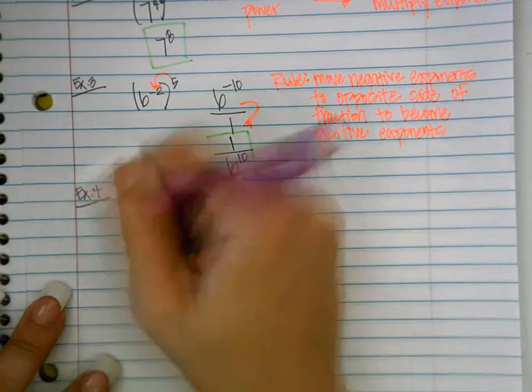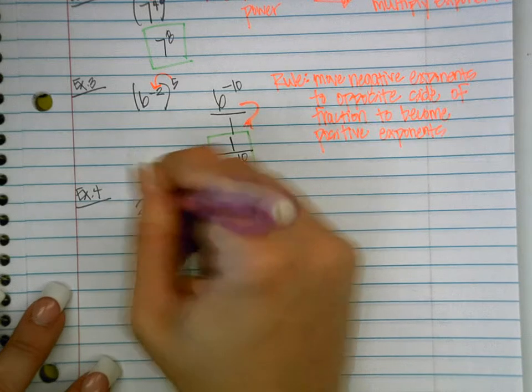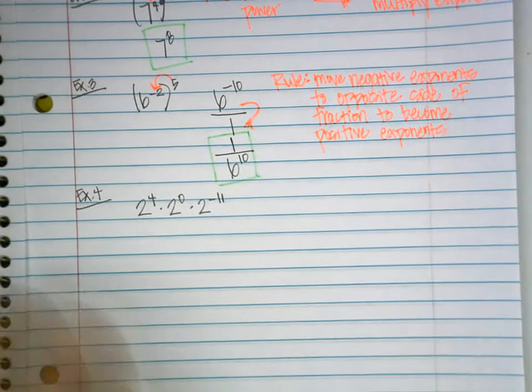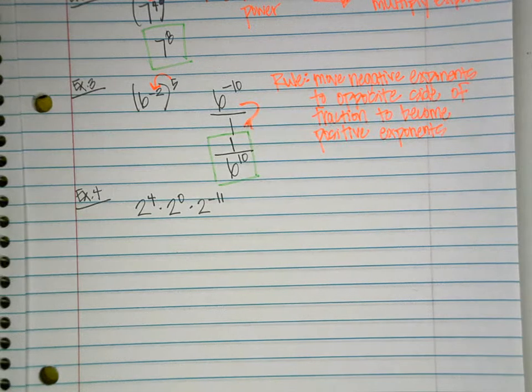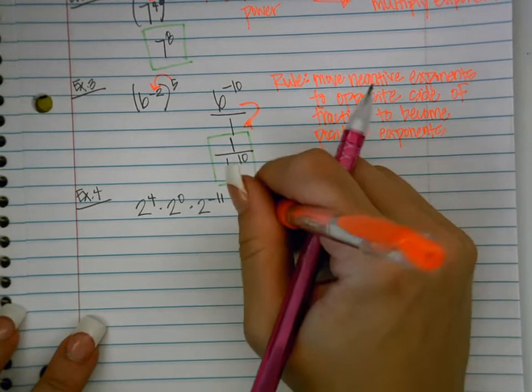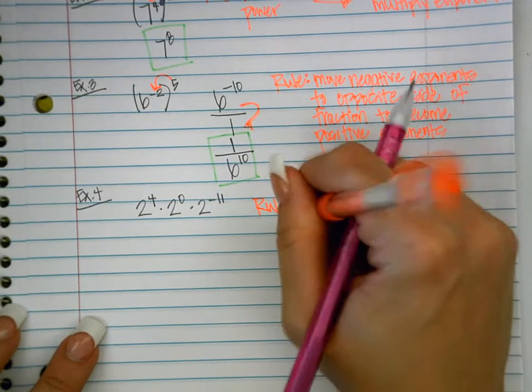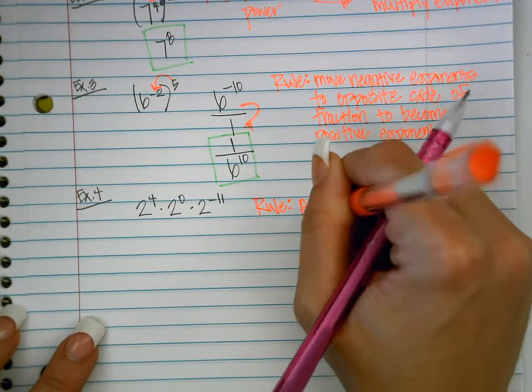For number 4, let's multiply 2 to the 4th times 2 to the 0 power times 2 to the negative 11th power. 2 to the 4th times 2 to the 0 times 2 to the negative 11th power. Okay, you should also know a rule about anything to the 0 power.